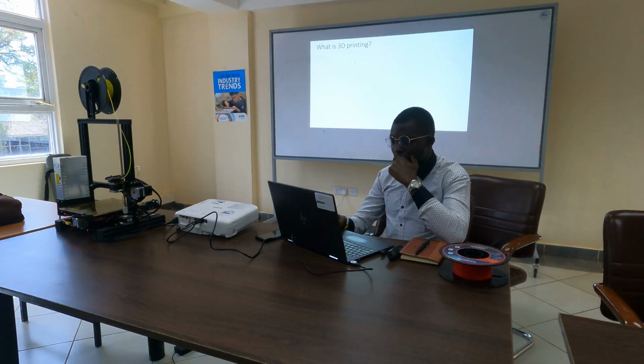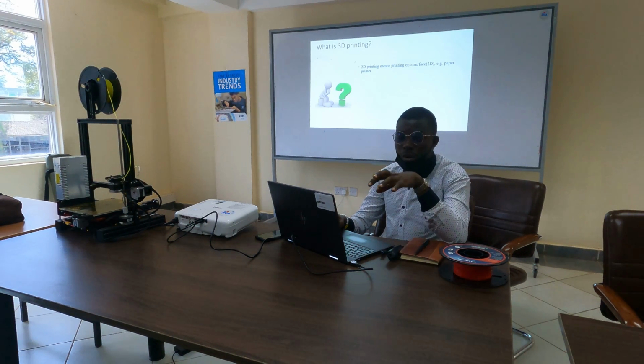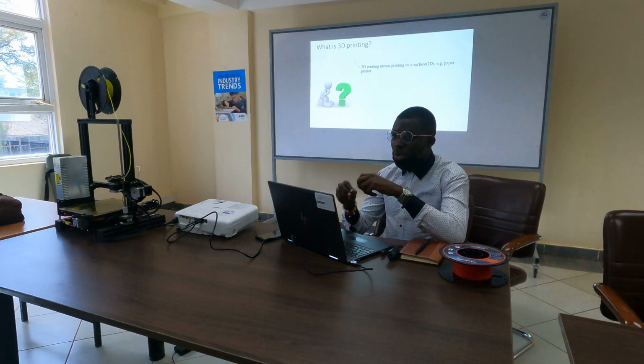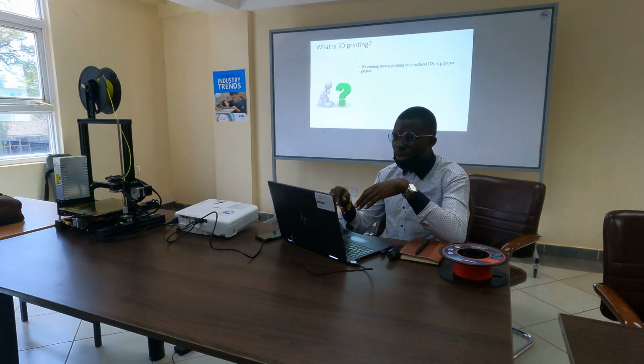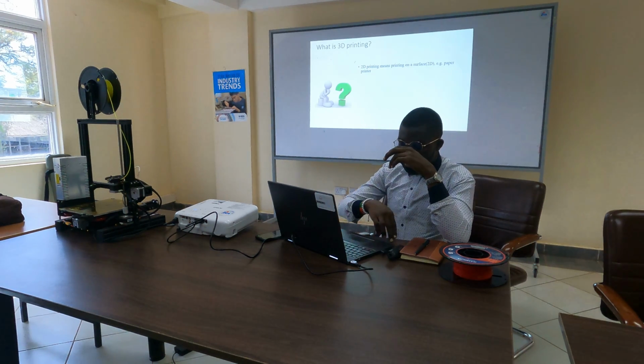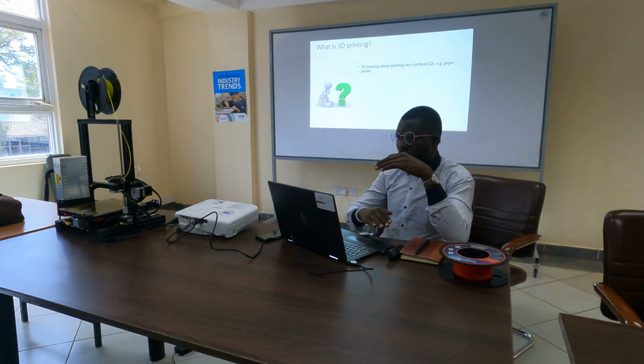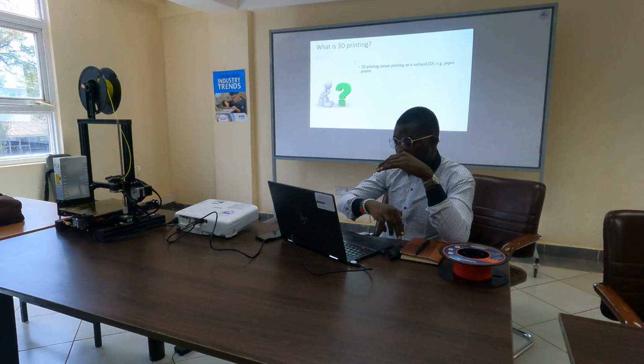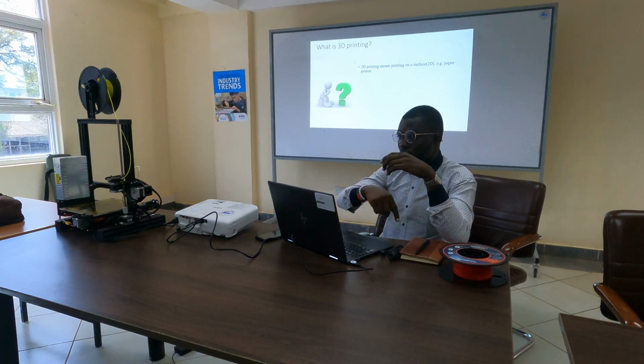Okay, to understand what 3D printing is, let's look at 2D printing, like the printer we use to print on paper. That is 2D printing because it works on two axes, X and Y. It is just working on a surface on two axes, X and Y, not on the Z axis.